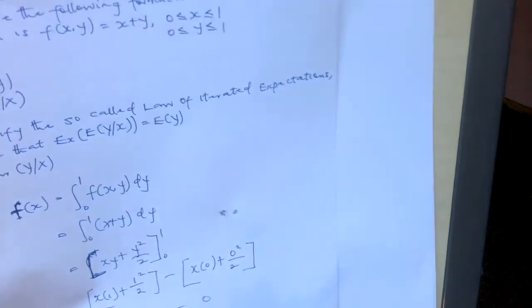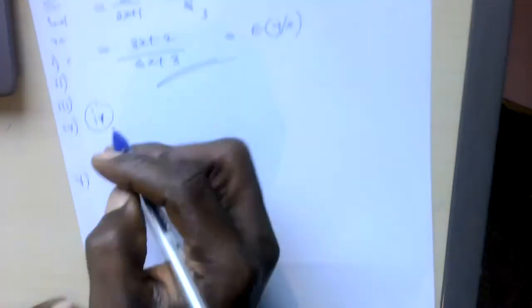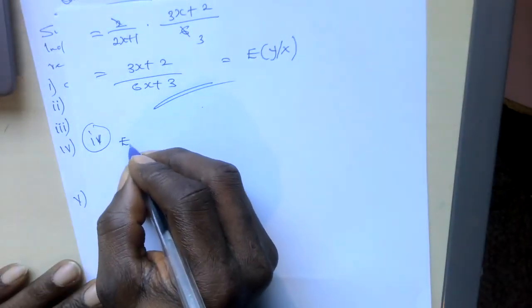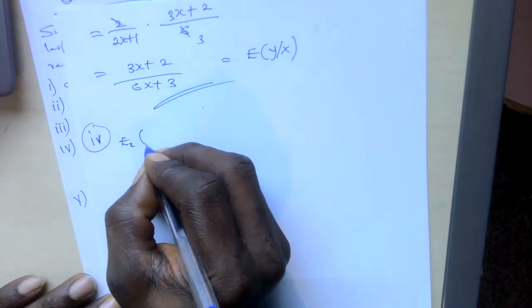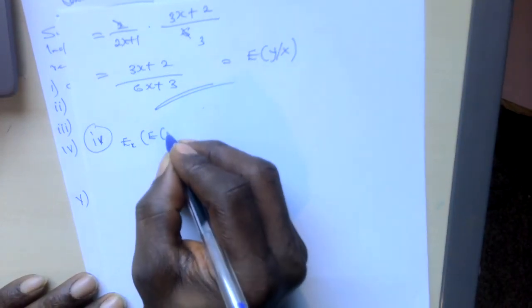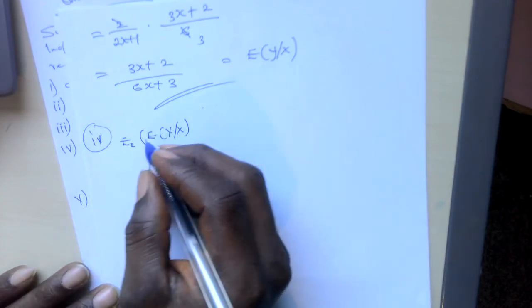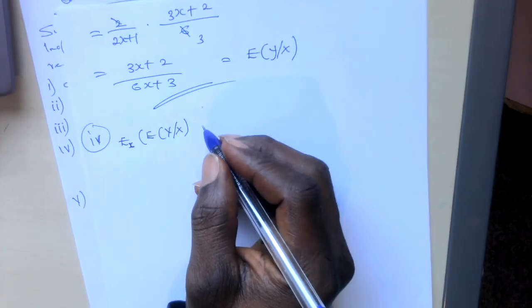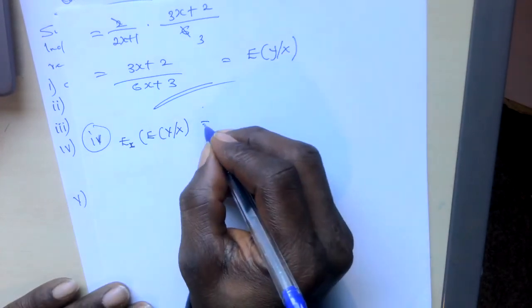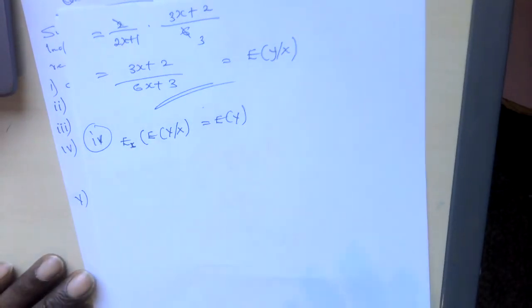So now let's go on. The expected value of the expected value of y given x, across x, we want to show that this is equal to the expected value of y.